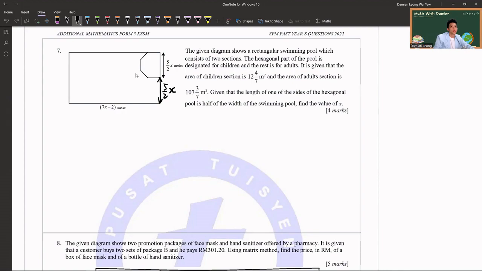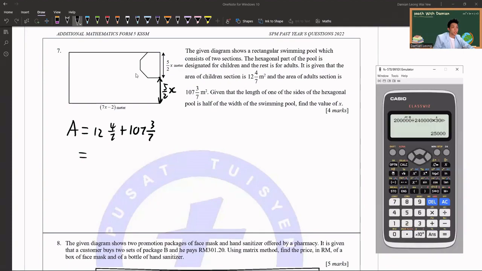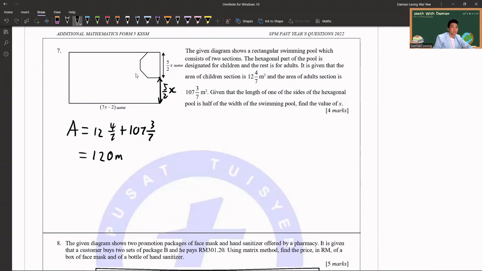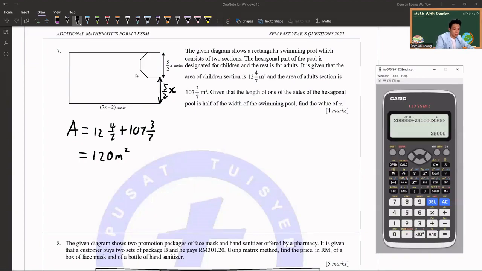Yeah. So we have the separate areas for both, but I can find the area of the whole thing. 12 4/7 plus 107 3/7 should be 120 meters square. Yeah, you can see 12 4/7 plus 107 3/7, 120.